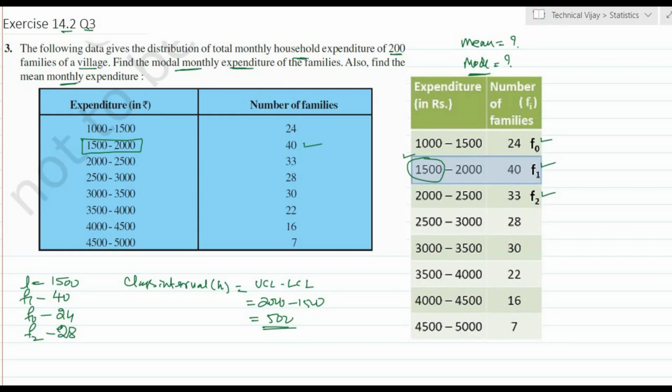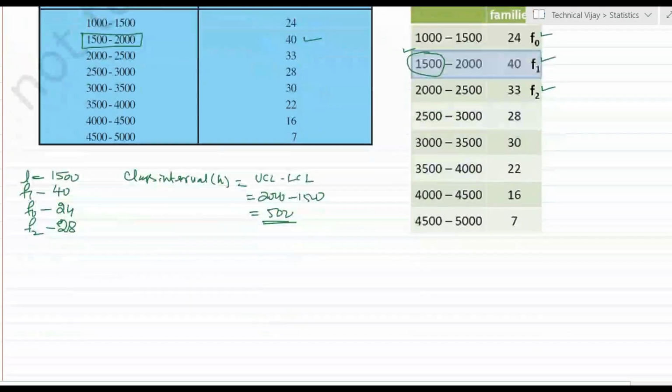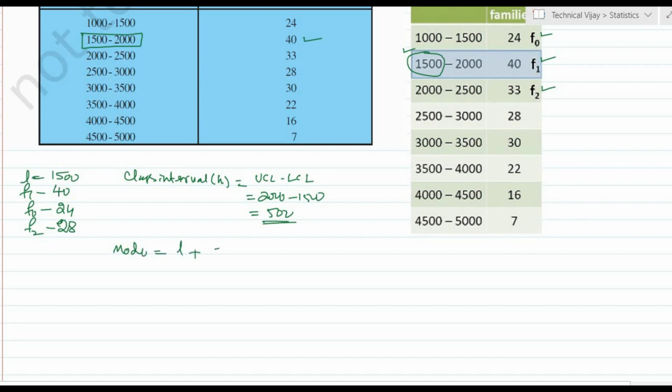Now we will substitute these values in this formula, that is mode is equal to L plus (F1 minus F0) divided by (2 into F1 minus F0 minus F2), into H. This is the formula. We will substitute these values.